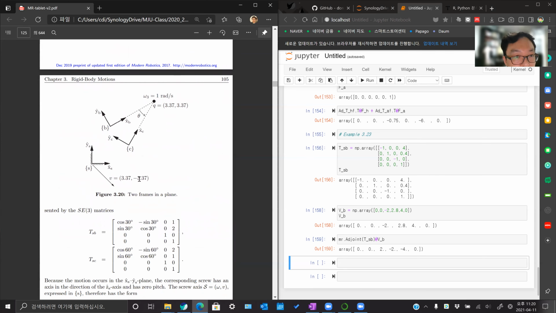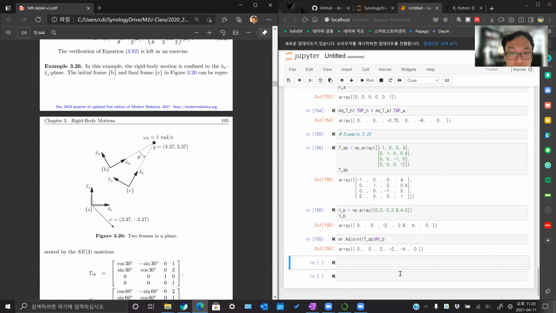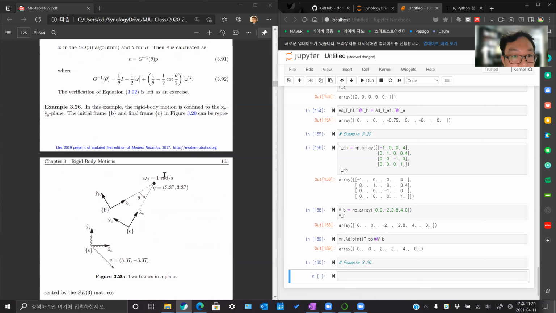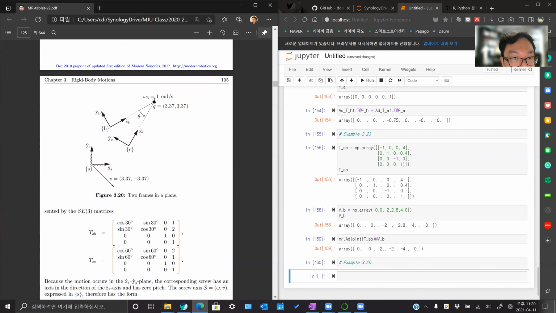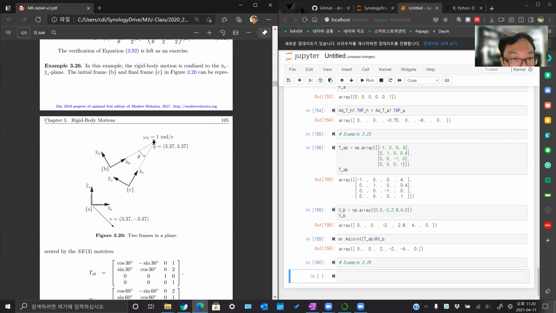And let's do this one. Example 3.26. This is one of the examples of screw motion. In this example, the rigid body motion is confined to the plane. So there is an initial frame B and a final frame C. The screw motion is here.